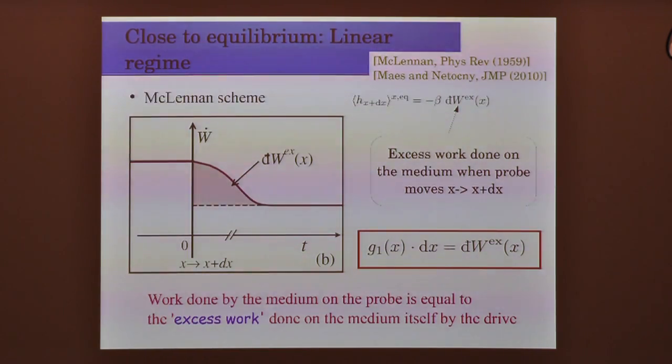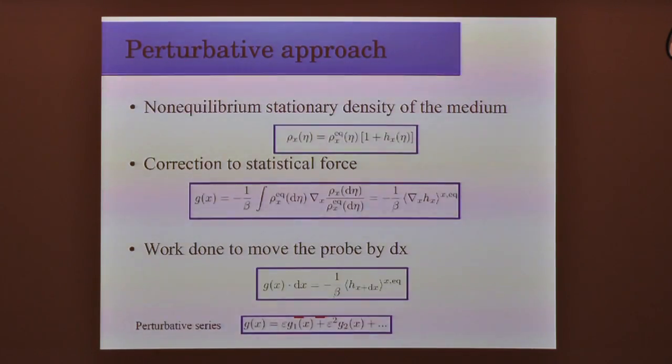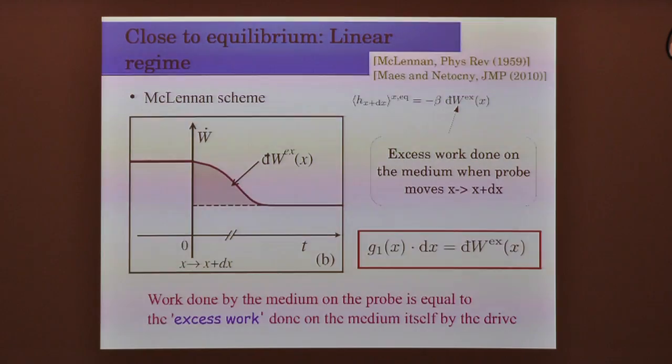There is a theorem by McLennan which says that up to first order this distribution can be calculated, and this H(x) is related to the excess work done on the medium. So, what do I mean by excess work? Typically when a system is in non-equilibrium, there is a constant heat dissipation to the ambient medium.